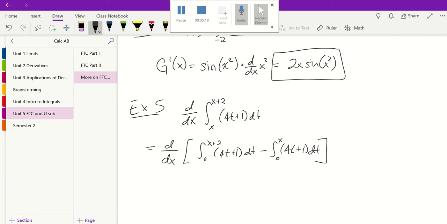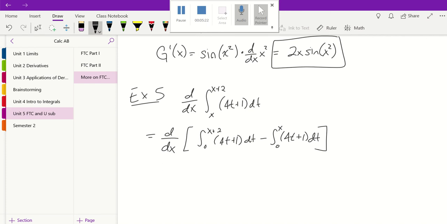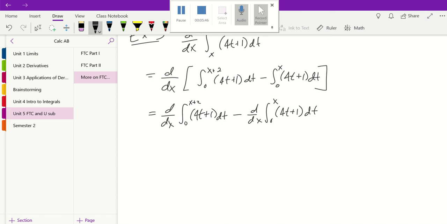But in any case, once you've broken it up this way, it is relatively simple, because now we're asking really just to find the derivative of each piece: the derivative of the integral from 0 to x plus 2 of 4t plus 1 dt, minus the derivative of the integral from 0 to x of 4t plus 1 dt. And now we can use fundamental theorem of calculus part 2.